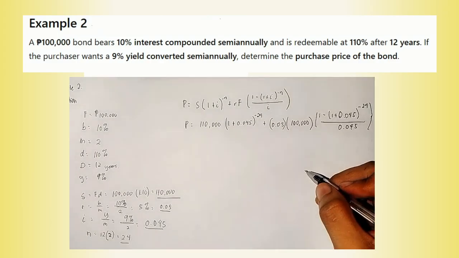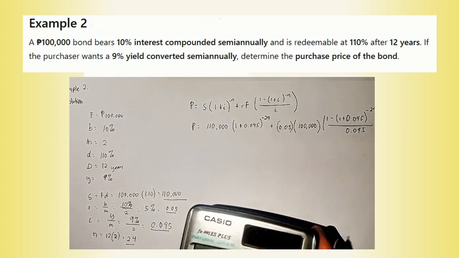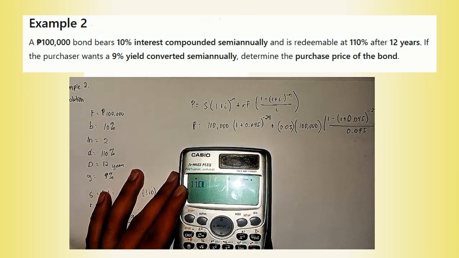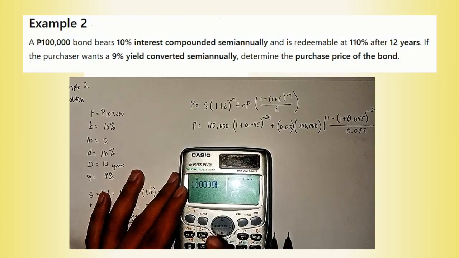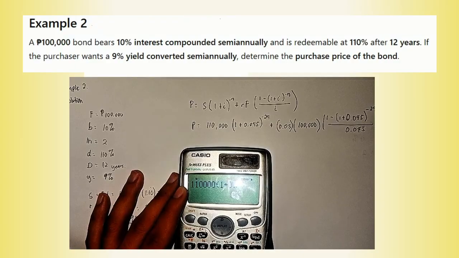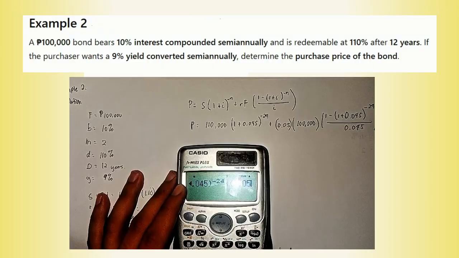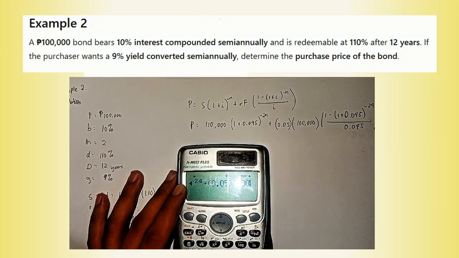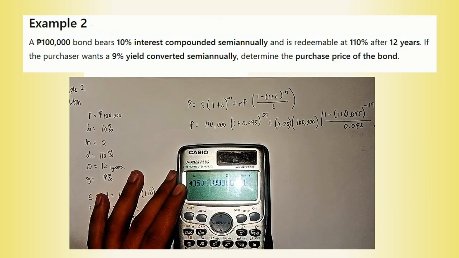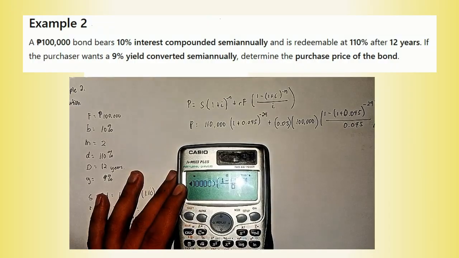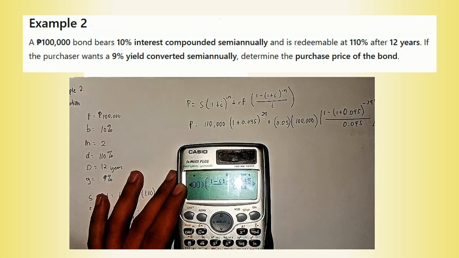Now let's use our calculator to find the value of P. So we have 110,000 times (1 plus 0.045) to the power of negative 24, plus 0.05 times 100,000 times (1 minus (1 plus 0.045) to the power of negative 24) over 0.045.